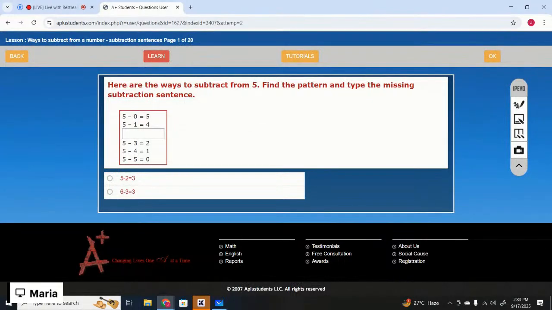Find the pattern and type the missing subtraction sentence. 5 take away 0 is 5. 5 take away 1 is 4. That is 5 take away 2 is 3. Option number 1 is the correct option.